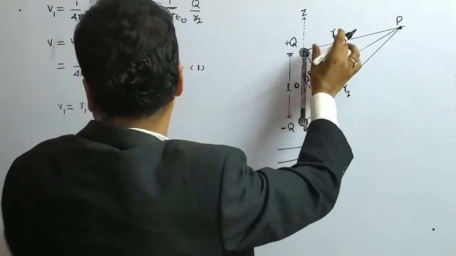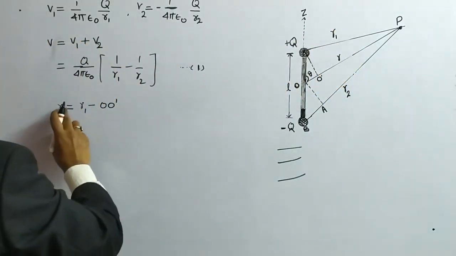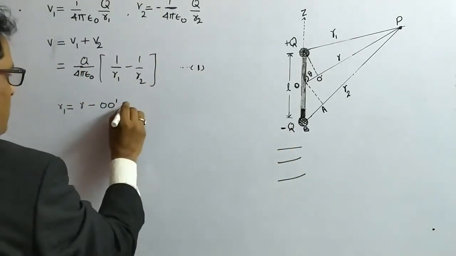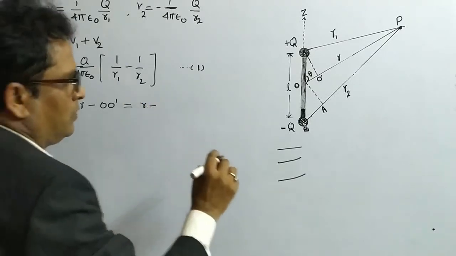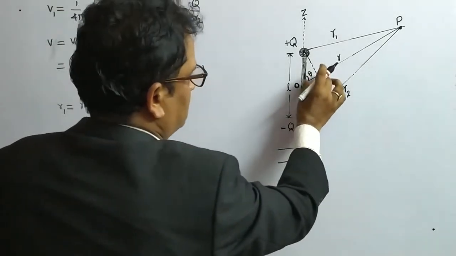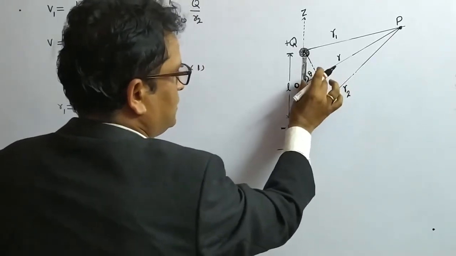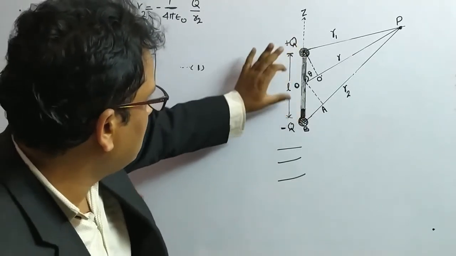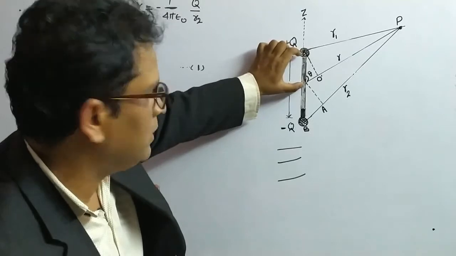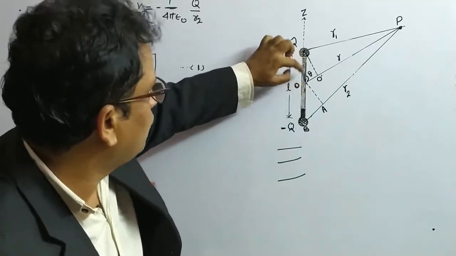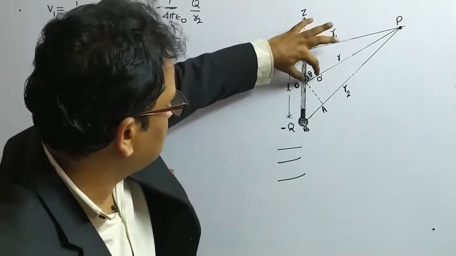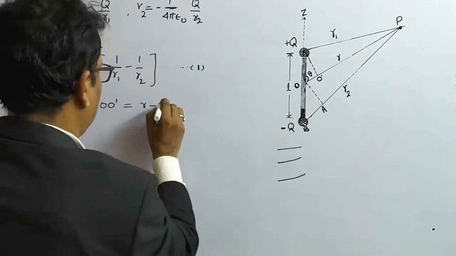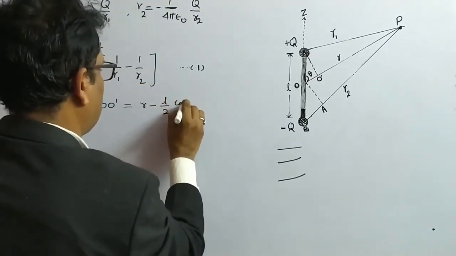So r1 will be r minus O dash. This distance will be how much? Because the total separation between the charges is L, and O being the midpoint, this distance will be L by 2. So if this angle is theta, this O dash will be L by 2 cos theta.